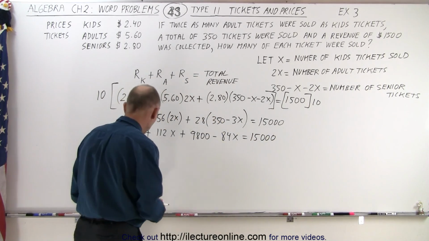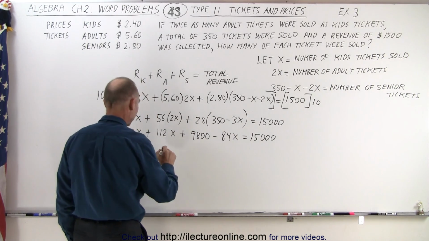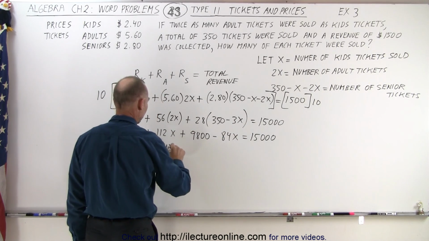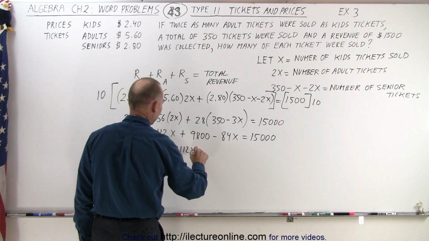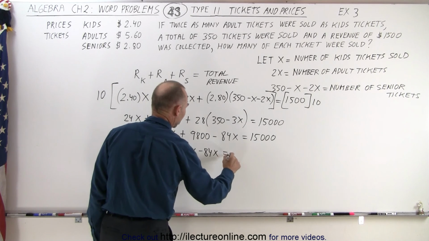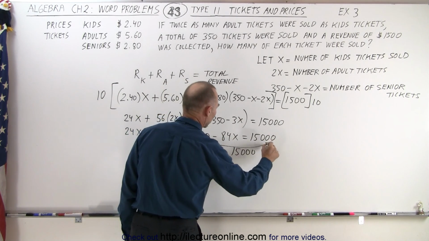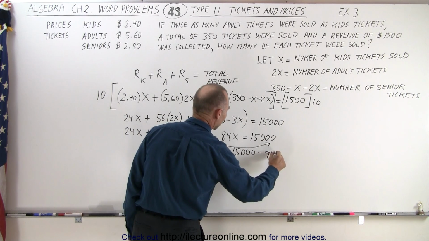Now, let's move all the x's to one side while they're already there. Move all the numbers to the other side. That gives us 24x plus 112x minus 84x is equal to 15,000. And when we move the 9,800 over here, it becomes minus 9,800.